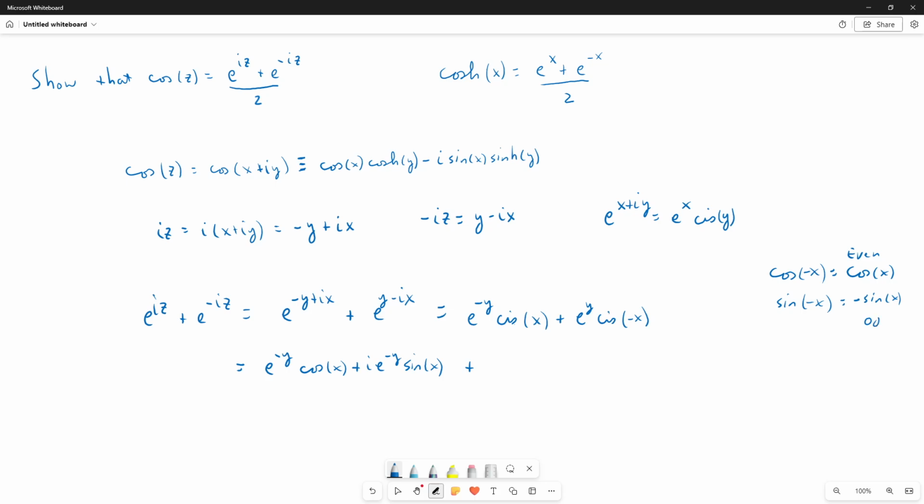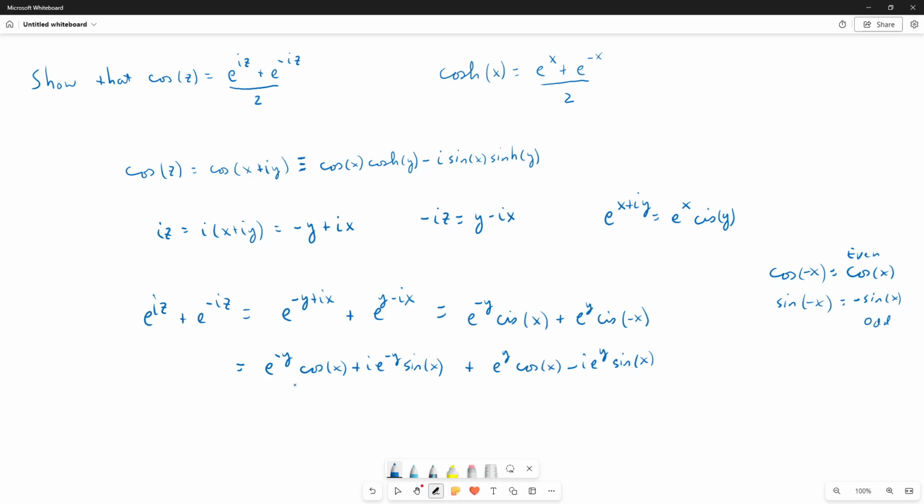The sine function is an odd function. So we have e to the y times cosine of negative x, which is the same as cosine of x, plus i times e to the y times the sine of negative x, but the sine of negative x is negative sine x, so this should have been a minus sign right here. Let's fix that. Let's make that a minus sign.